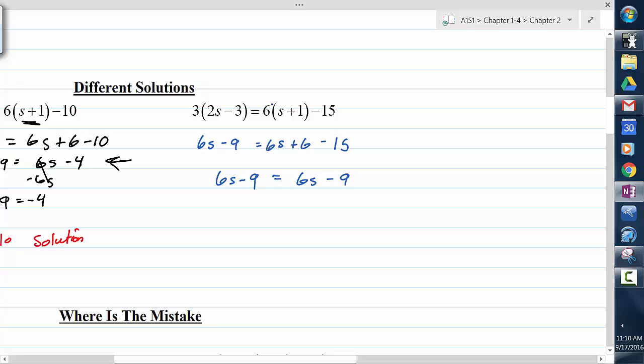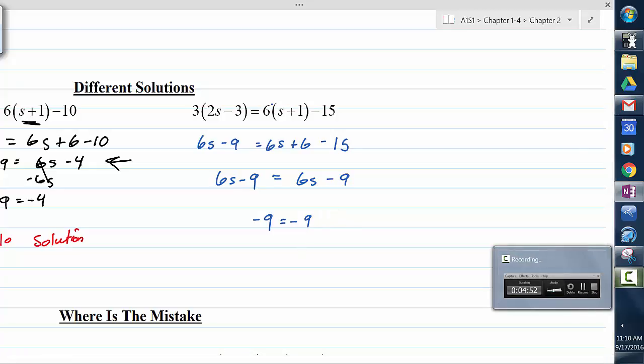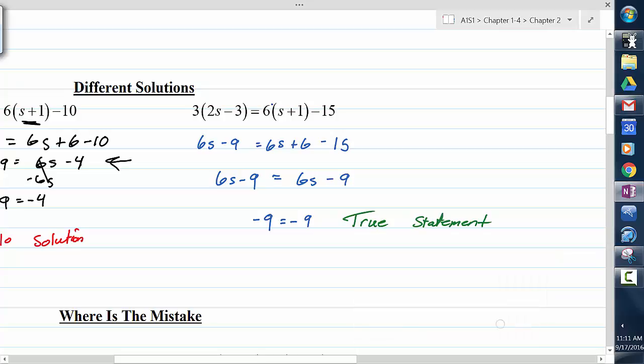It's possible that those, matter of fact, not only is it possible those two things be true on the opposite sides of the equal sign, but if we go a little bit further, don't we get negative 9 equals negative 9? Now looking at that, that is a true statement. So since that's a true statement, that means every value of s will work. So we say all real.